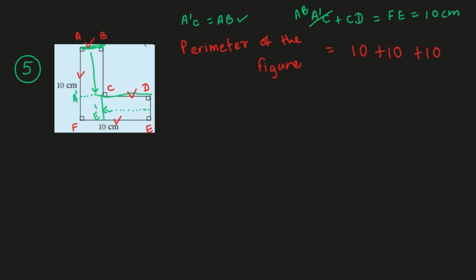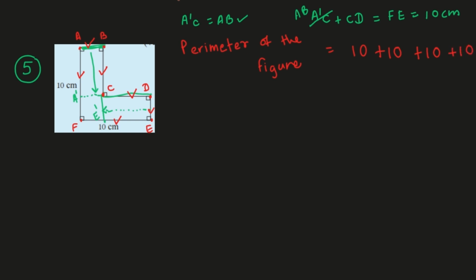So BC plus CE dash will be equal to 10 centimeters. According to that proof, we can tell that BC plus DE equals AF. Then BC plus DE will be equal to 10.